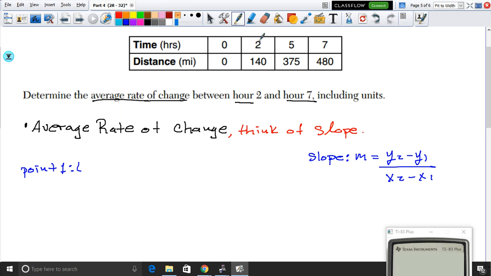When the hour is 2, the distance is 140. So we can think about this as a coordinate point, 2 comma 140. The second point is what happens at 7, so we're going to have 7 comma 480.